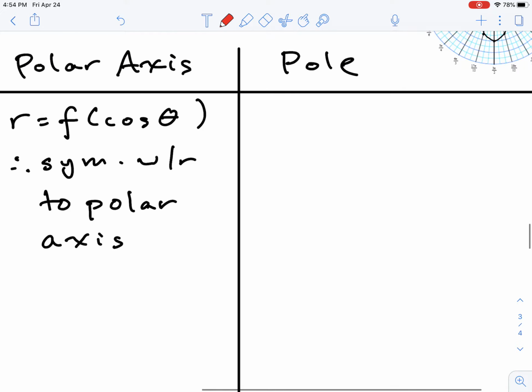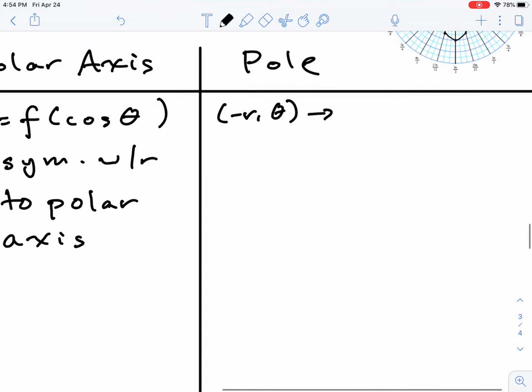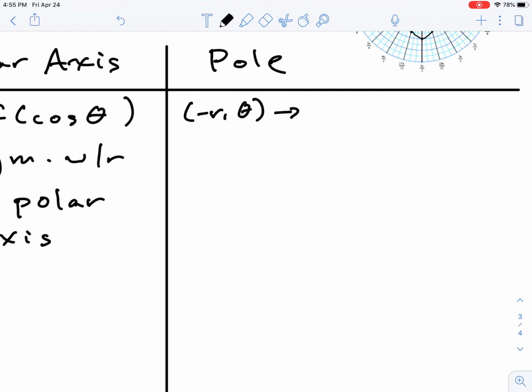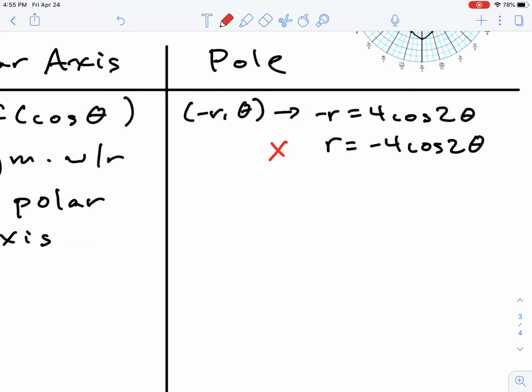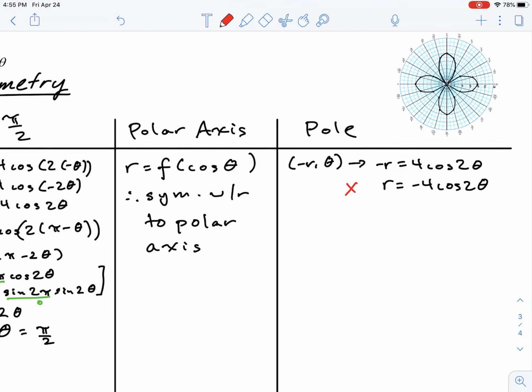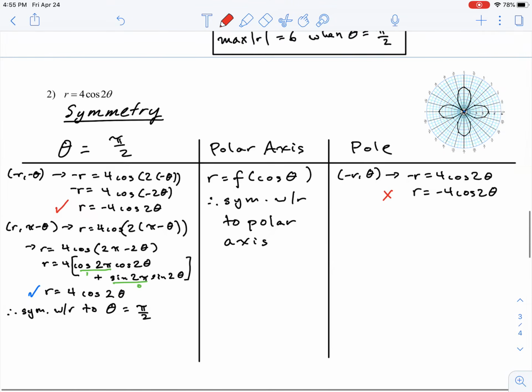All right, so the last thing for us to do is to check whether or not it's symmetric with respect to the pole. I'm going to start by plugging in negative r, theta, which is one way to check for the pole. If we replace that, we see negative r is equal to 4 cosine of 2 theta, and r is equal to negative 4 cosine of 2 theta. At first glance, we might just stop there and say I guess it's not an equivalent equation, just because we don't have the same equation.